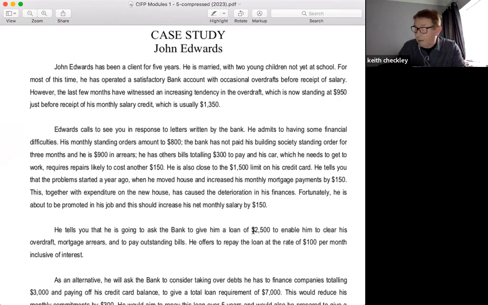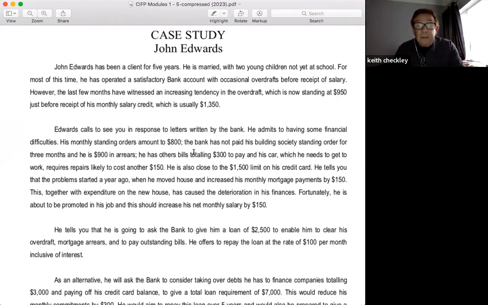So $2,500. So if you want to make a note, option one. We're looking at clearing the overdraft. So that's $950. The mortgage arrears, 900. So we've got 950 and 900. And then pays outstanding bills. Bills are 300.